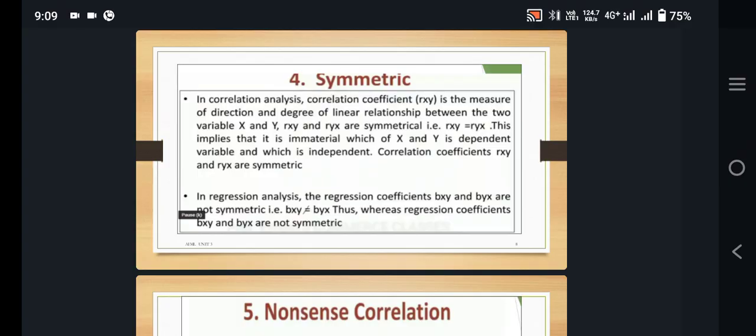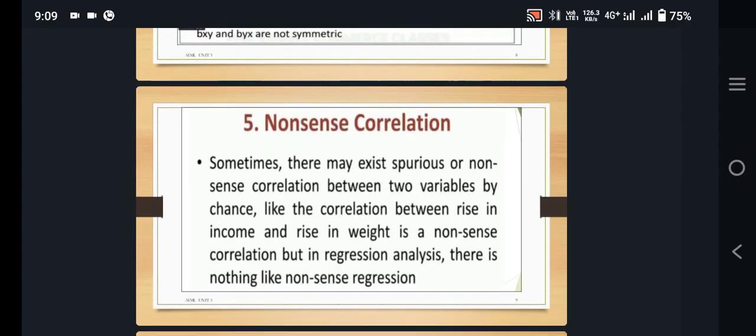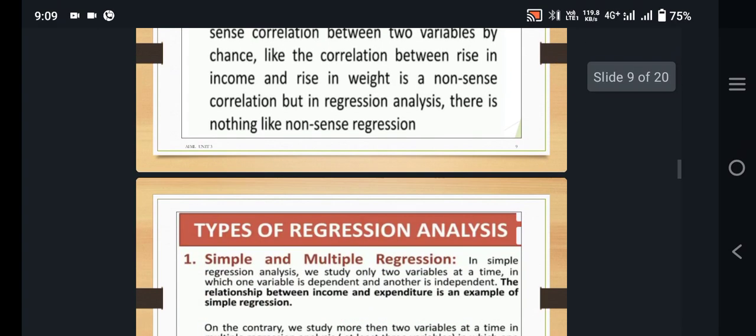The fifth difference is nonsense correlation. Sometimes there may exist spurious or nonsense correlation between two variables by chance, like the correlation between rising income and rising weight is a nonsense correlation, but in regression analysis there is nothing like nonsense regression.